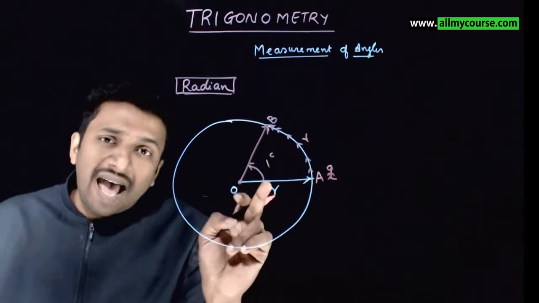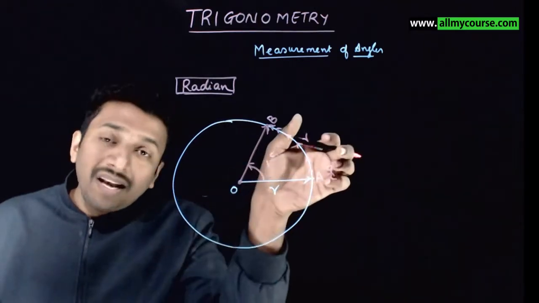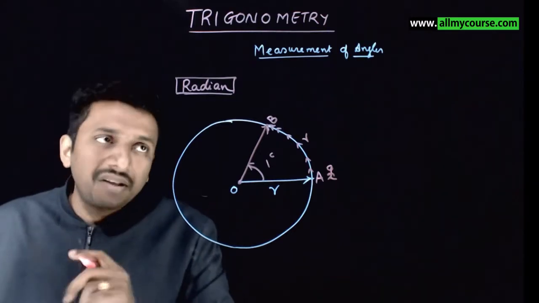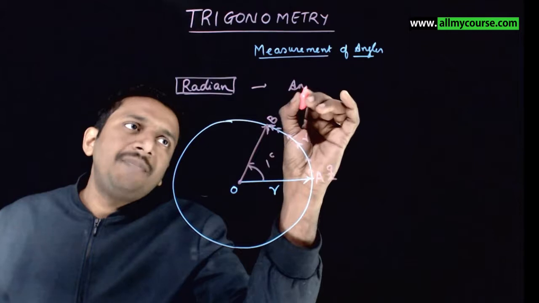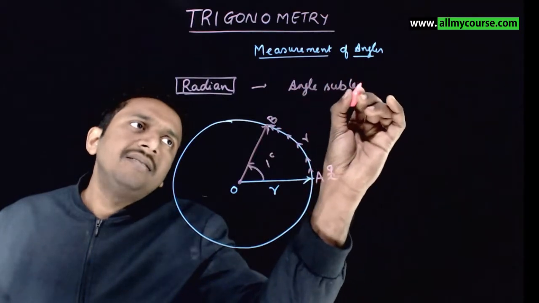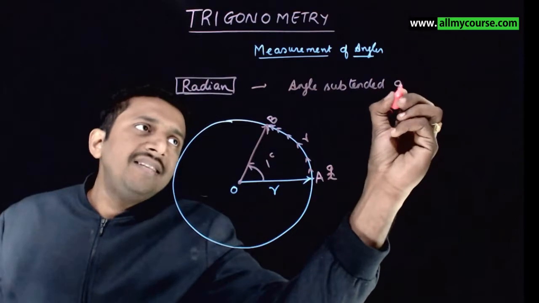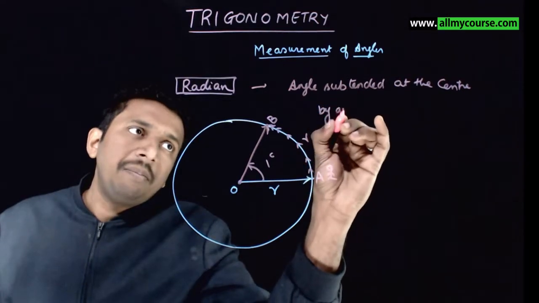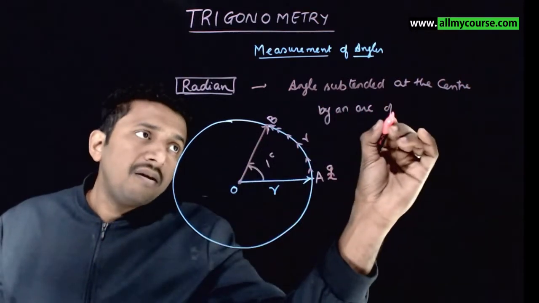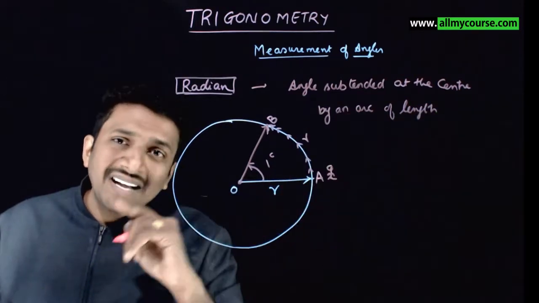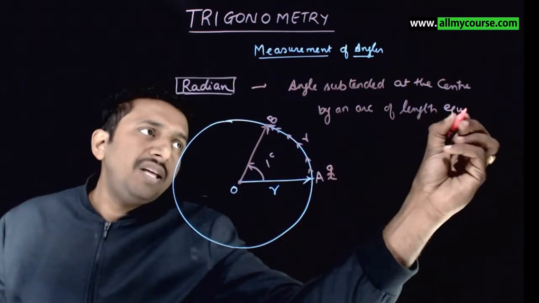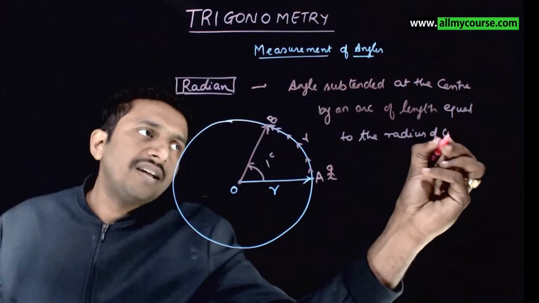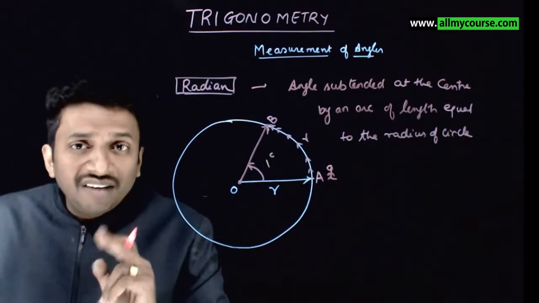So 1 radian is the angle subtended at the center by an arc of length exactly equal to the radius of the circle. That's the definition of a radian.